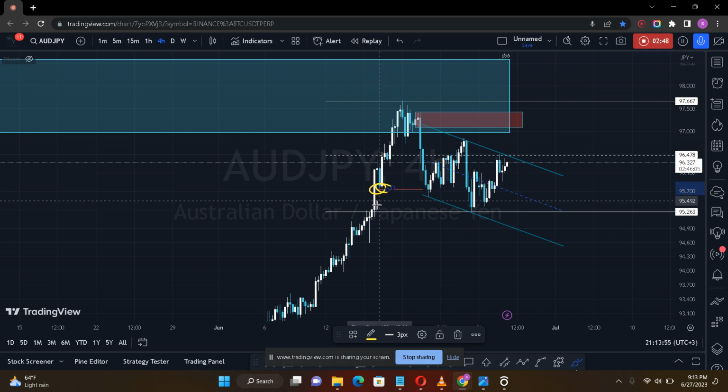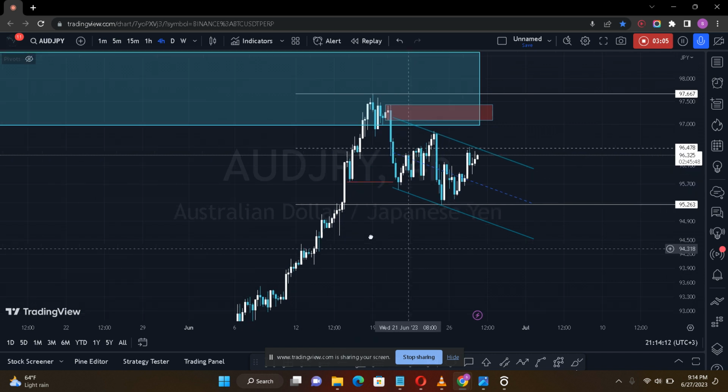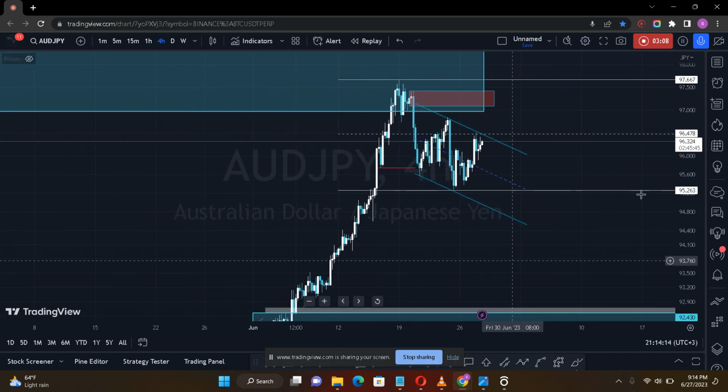Now, the low that led to our POI. So price went high, made a temporary low right here, then visited our point of interest. So that's metric two for me to consider my shorts.